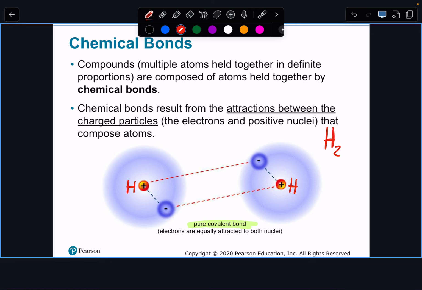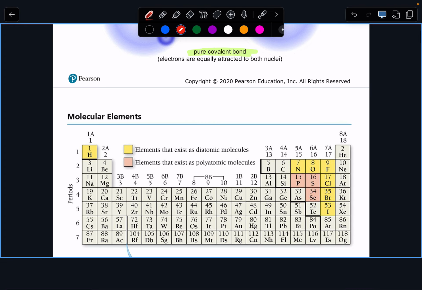Now, on the next page, you'll see a bunch of elements in yellow that are called diatomic molecules, or sometimes diatomic elements. The ones in yellow, you're going to have those memorized. I mean, don't memorize them as a list. Just visually memorize them on the periodic table.